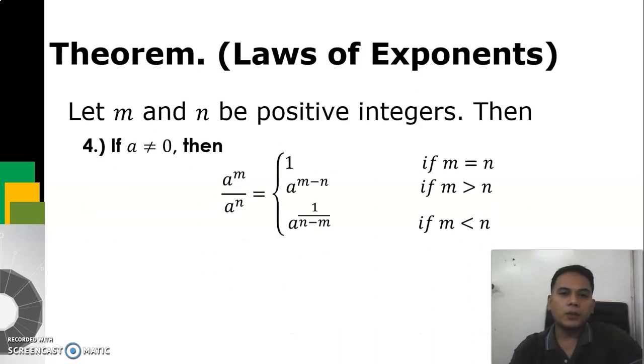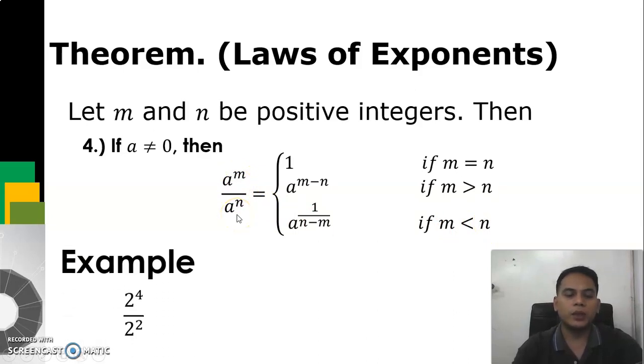And for number 4, if a is not equal to 0, then a to the m over a to the n is equal to 1 if m is equal to n. Take note of that. And then a to the m minus n if m is greater than n, meaning m is bigger than n. And then 1 over a to the n minus m if m is less than n, meaning n is greater than m.